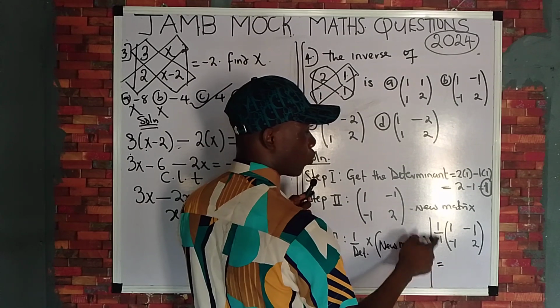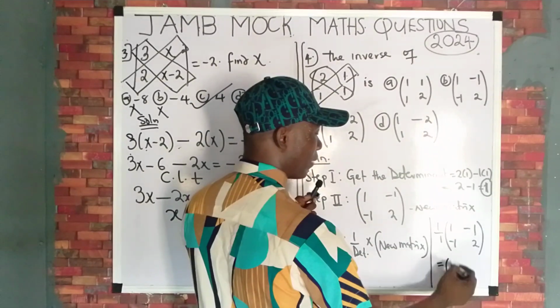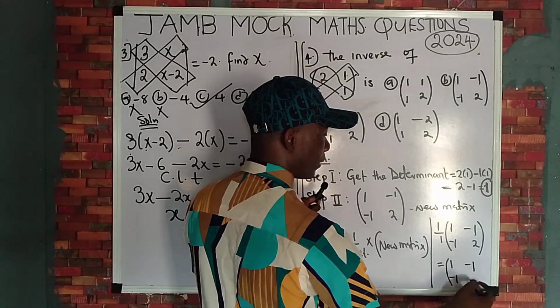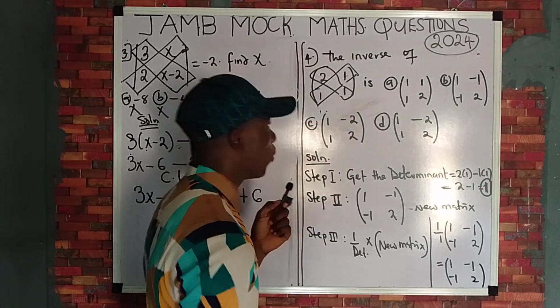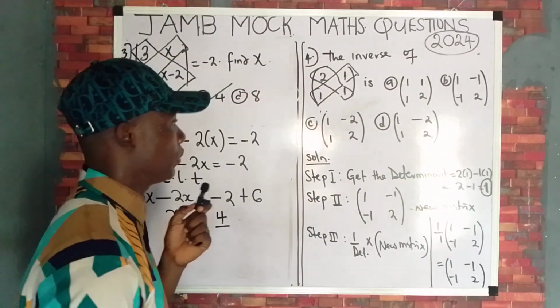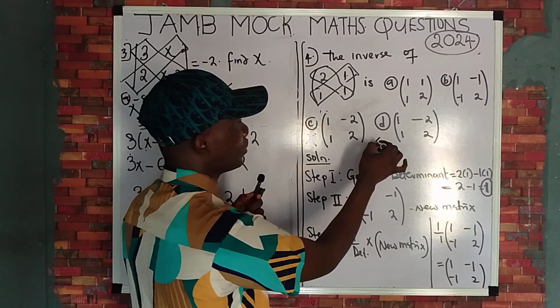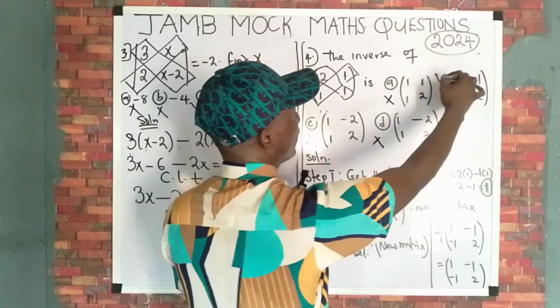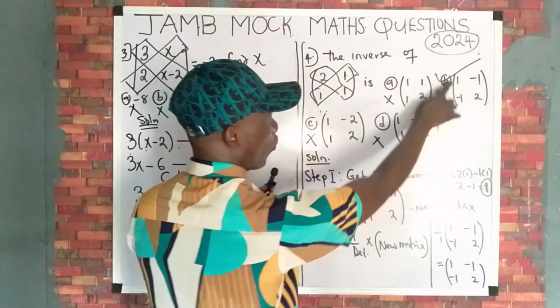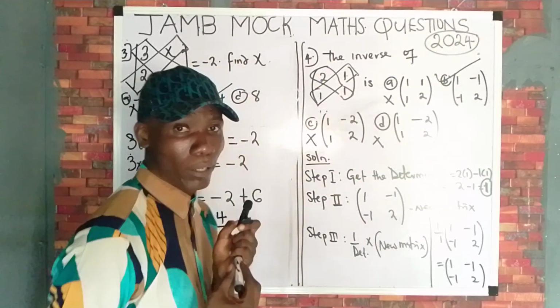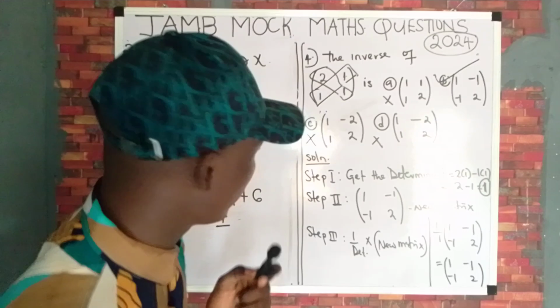By the time you use 1 over 1 to multiply, you still have the same thing: 1, minus 1, minus 1, 2. What is the answer to this question? Is the answer C? From what I can see, no, no, no. The answer is B: 1, 2, minus 1, 1. Okay? Now let's take other questions.